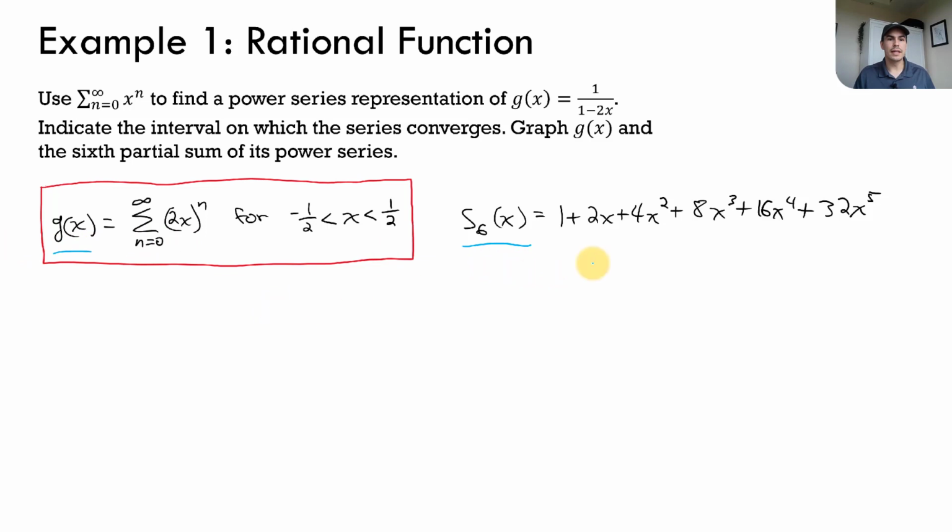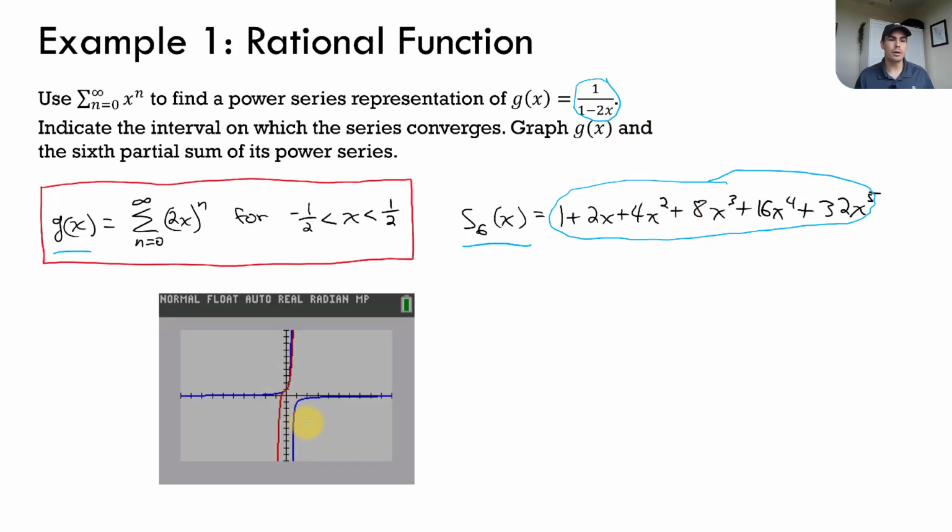All right, and g of x again being this right here. So I'm going to plug that into my calculator, and I'm going to plug this into my calculator. Those are the two things, and I'm going to graph them on the same plane. If I have a standard window, notice I get something that looks like this. It's kind of difficult to see what's going on here. So knowing that we are converging on this interval, I'm going to set that interval as my window.